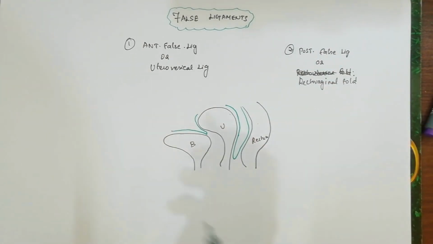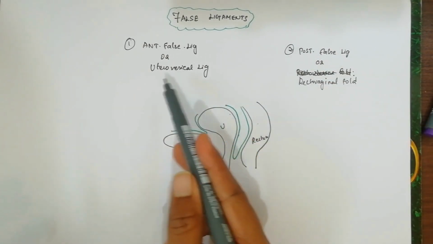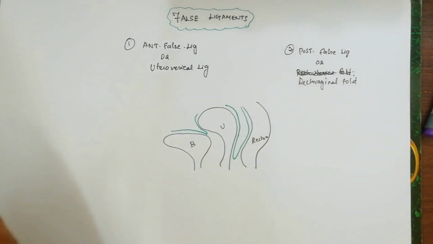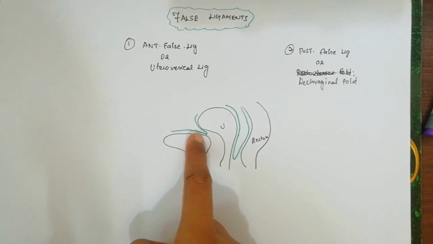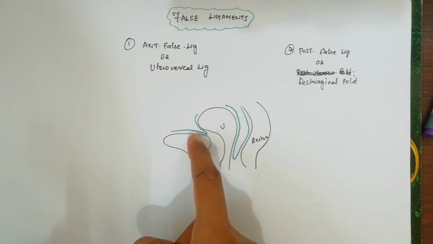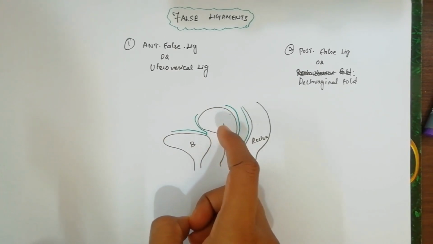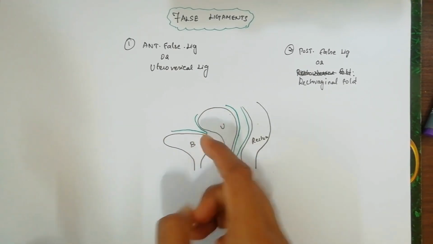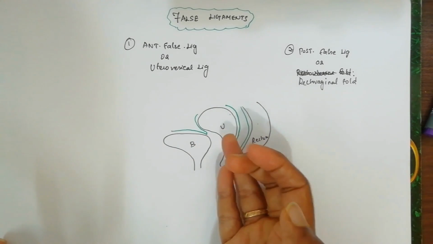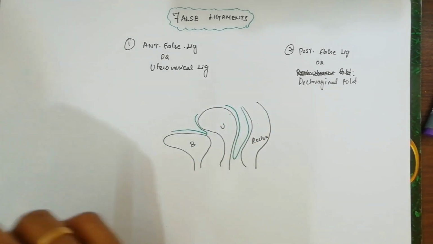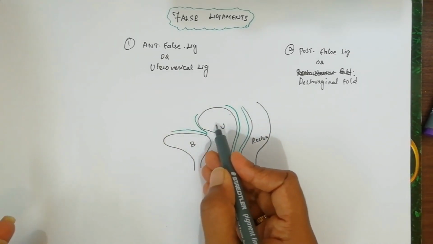The uterovesical fold is nothing but the presence of this pouch, the uterovesical pouch, seen related to the anterior surface of the uterus.